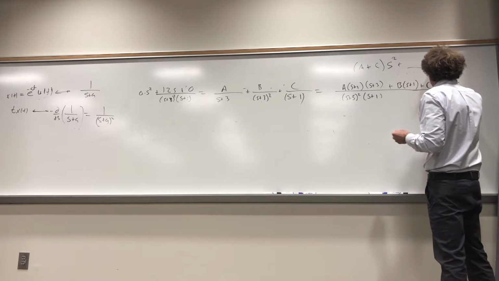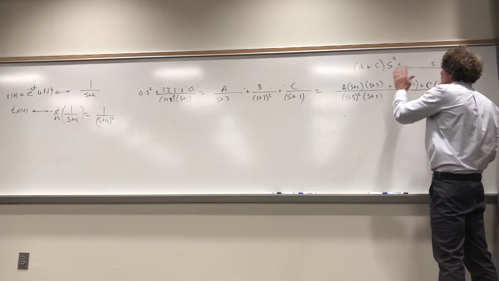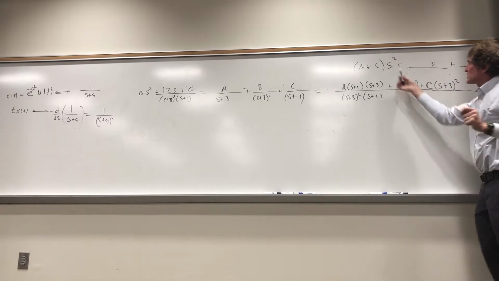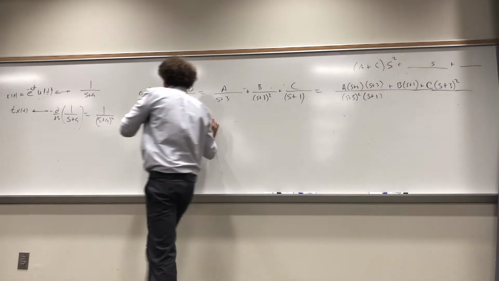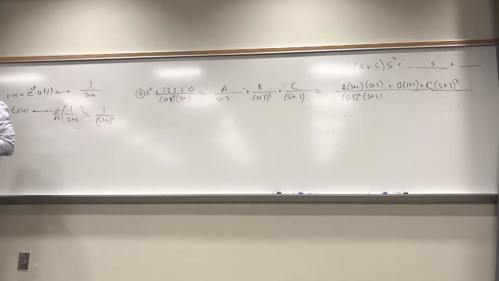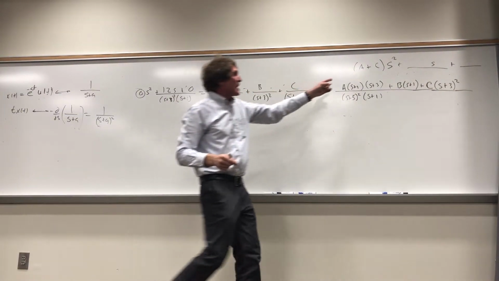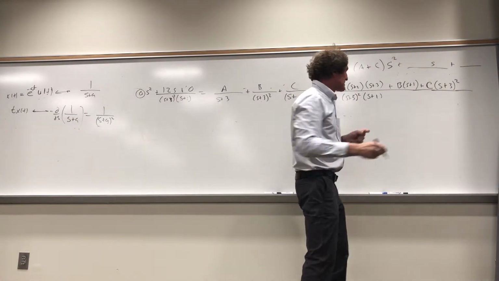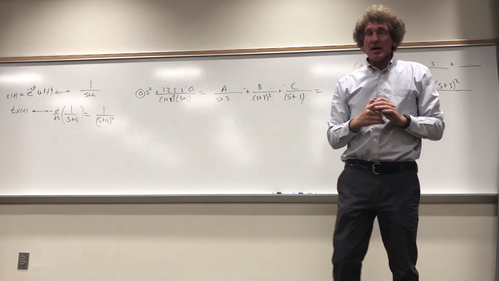Some unknown coefficient times s, plus some unknown coefficient, which is a constant. We don't care about these. I'm just caring about the coefficient of s squared, pardon me, because what do I know? I know that the coefficient of s squared is 0 over there, correct, class? You all see that? And if it's 0, then if I know c, I know a. A is just minus c. Is that right, class? How many of y'all see this?